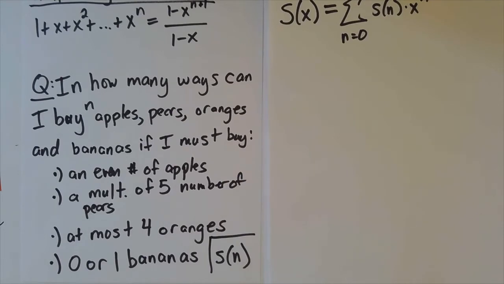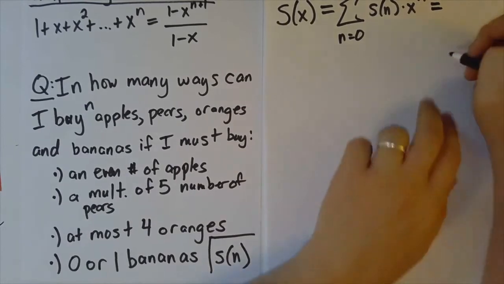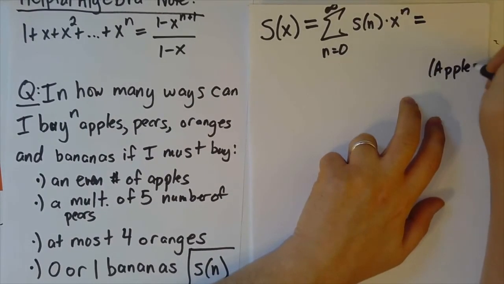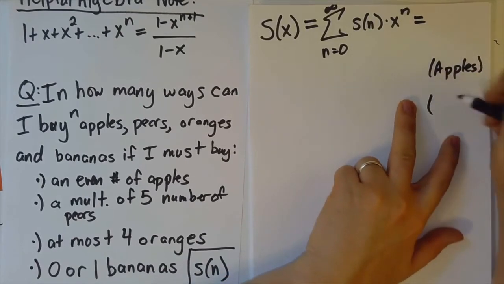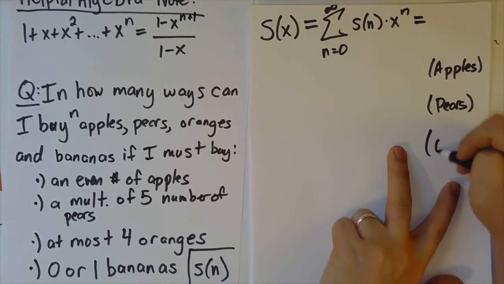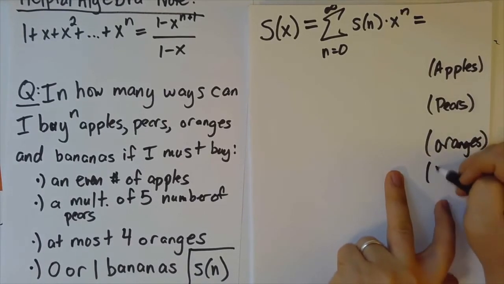Three, two, one. Okay. We're back, so hopefully you've now gone about doing this. This thing is going to be a product of some term for the apples, some term for the pears, some term for the oranges, and some term for the bananas.